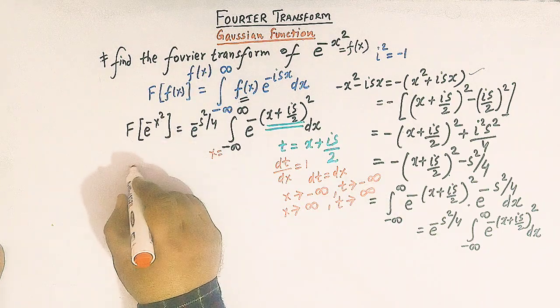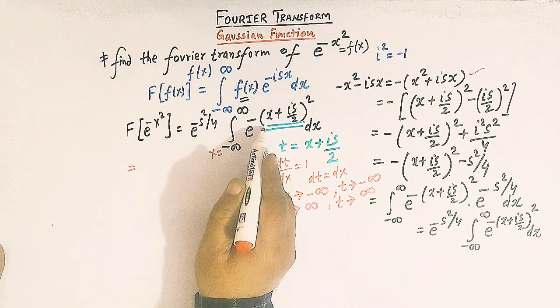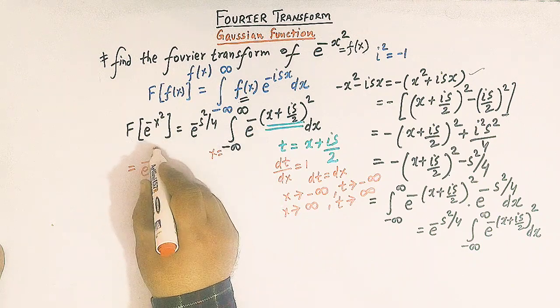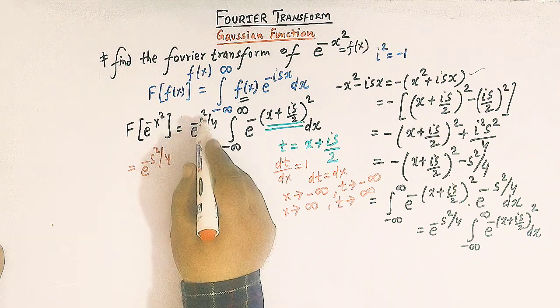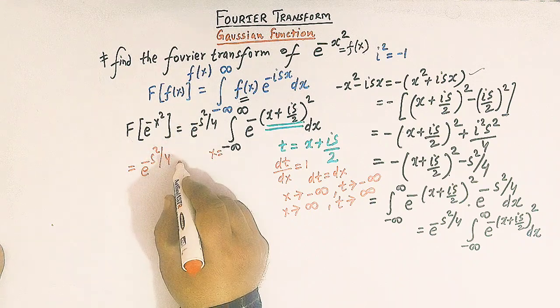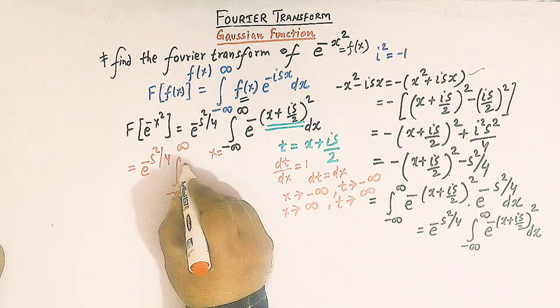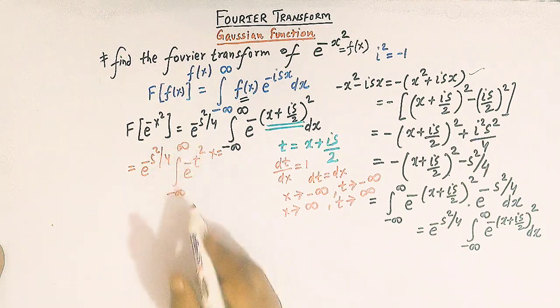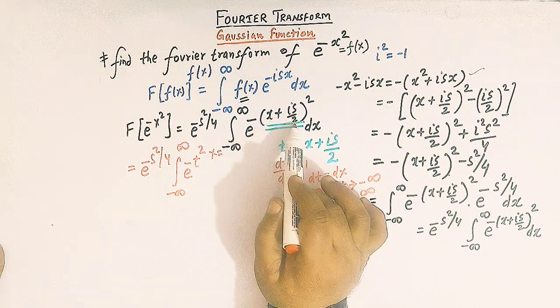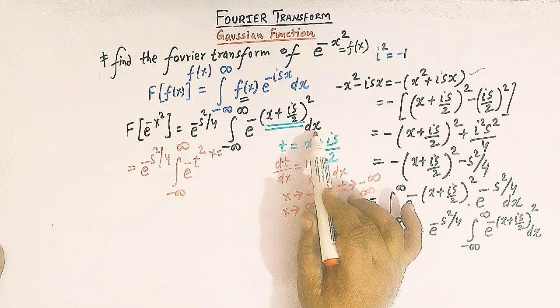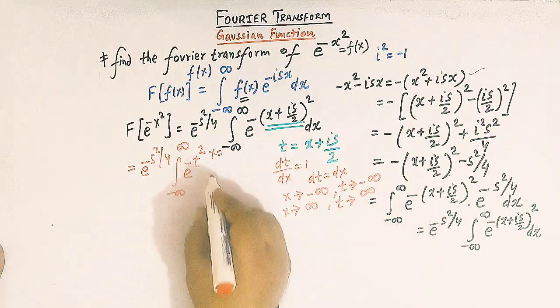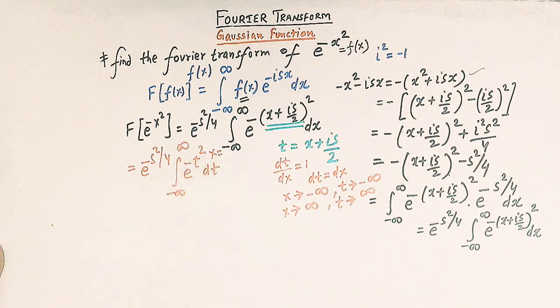So now we can write this integral as we have the term e raised to minus s square over 4. We have the integral from minus infinity to infinity, then we have e raised to minus t square, because x plus is over 2 is t, and dx is replaced by dt, right?